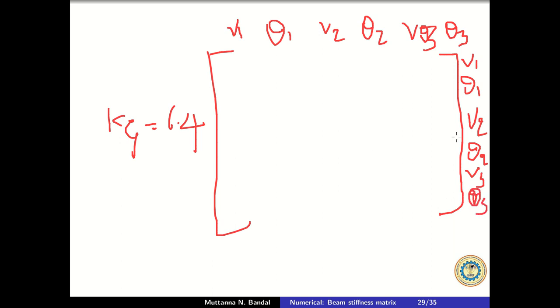So you have to concentrate on the adding of these terms. There will be one element from K1 and one element from K2, and one element for this theta 2 and V2 from K1 and K2, and here the addition of the matrix takes place.